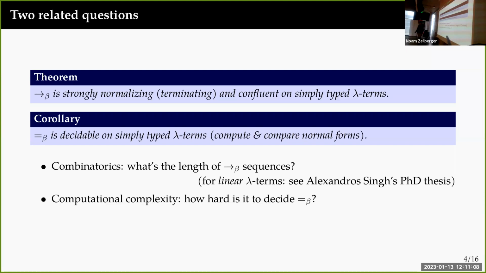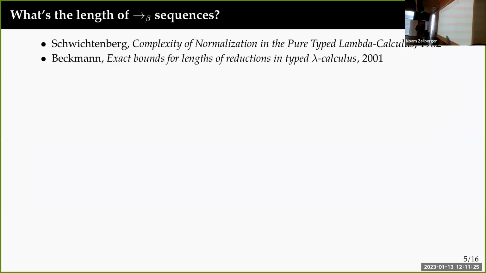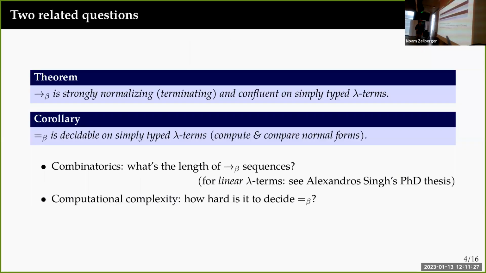But from the computational complexity point of view, which is the point of view I'm going to take, the related question would be how hard is it to decide beta convertibility? So how are these questions related? Obviously, if you have a bound on the length of reduction sequences, it gives a bound on the naive algorithm to decide convertibility. But we will see the relation later.